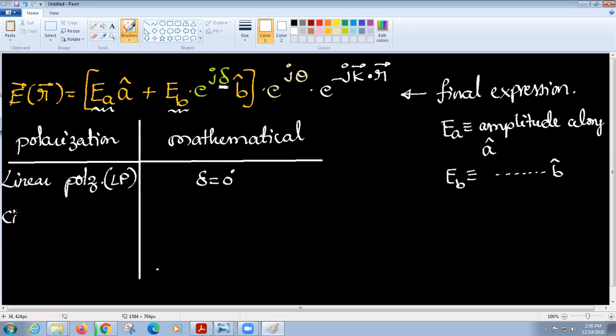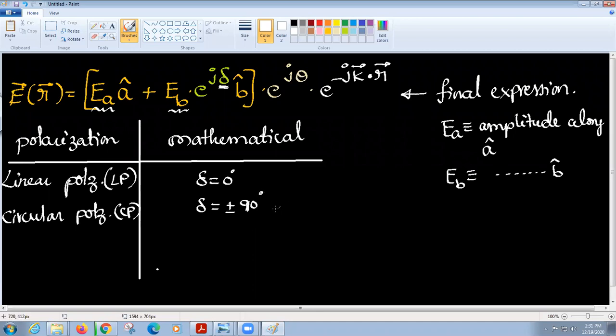And I'll go for one more, that is circular polarization, CP. This is straightforward. When there is a phase difference of 90 degrees between EA and EB. Now, when I say 90 degrees, whether EA leads EB or EB leads EA, we have plus or minus 90 degrees.